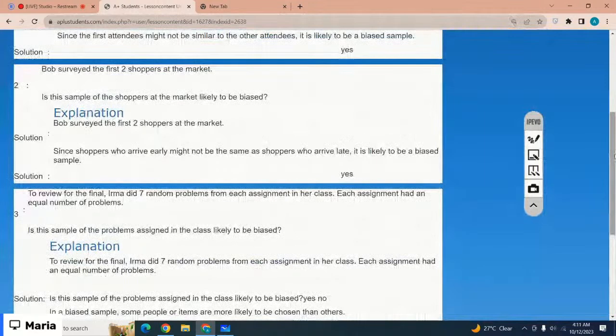Is this sample of the shoppers at the market likely to be biased? Since shoppers who arrive early might not be the same as shoppers who arrive late, it is likely to be a biased sample. Let's start with the practice questions.